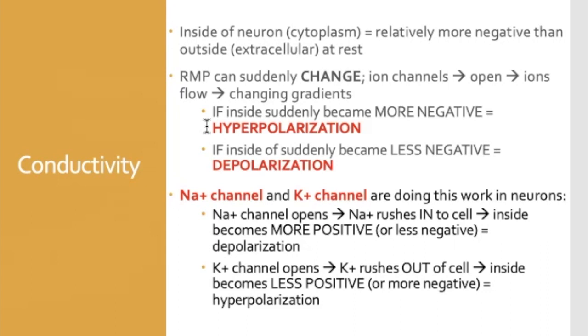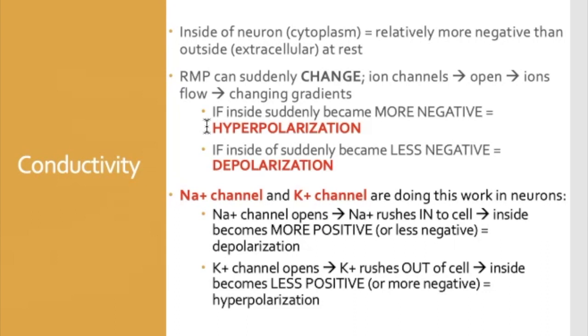And since both sodium and potassium have positive charge on them, that means that when sodium channels open and sodium rushes in, we're bringing more positive charge into the neuron. And the neuron's membrane potential is going to become less negative or more positive. That's depolarization.